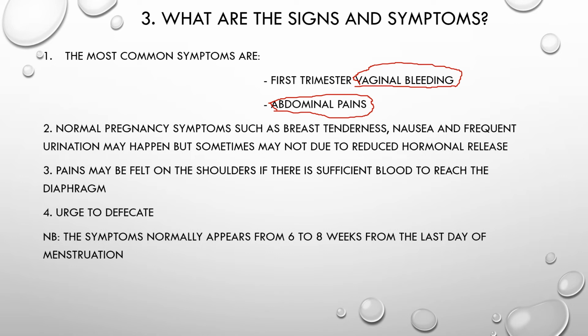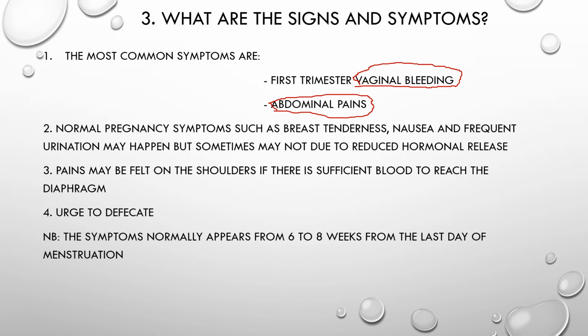So when there is blood that has leaked to that side, you'll continuously feel the urge. Sometimes the ectopic pregnancy or the egg has developed to a certain size and is now pressing on the rectum. Therefore, you'll feel the urge to defecate.